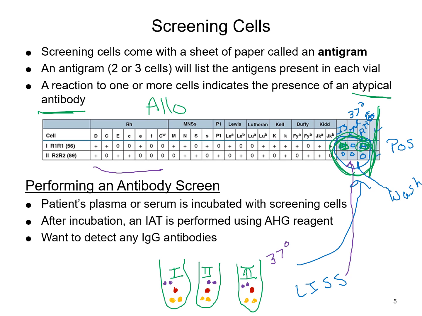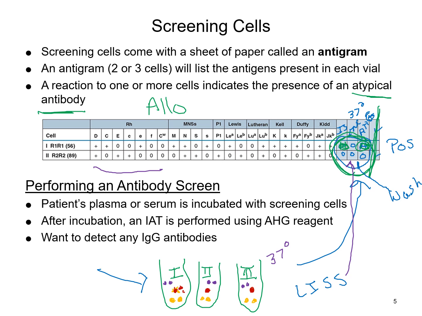And hopefully anything that's unbound is going to be washed away. You'll have clean cells, and you'll have some sort of reactivity if that antibody is present, where you have that bridging taking place with those red cells and getting that positive reaction in that tube.